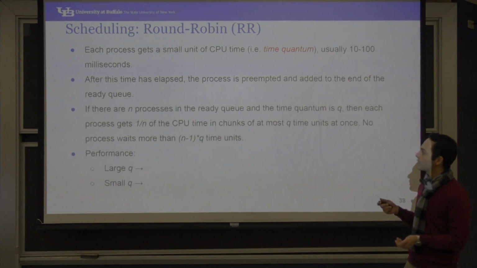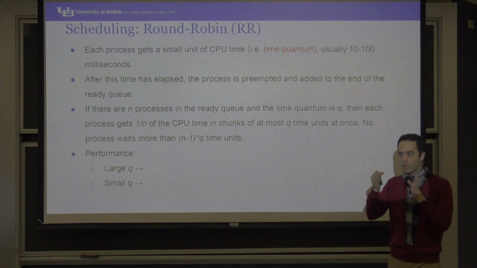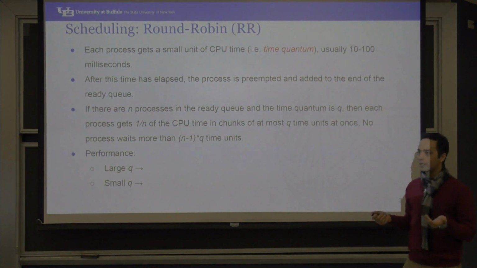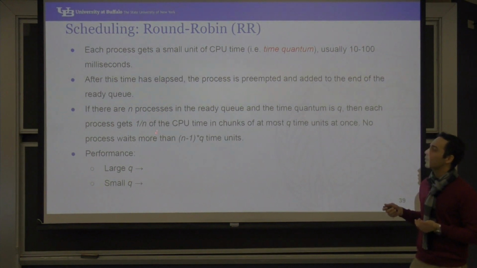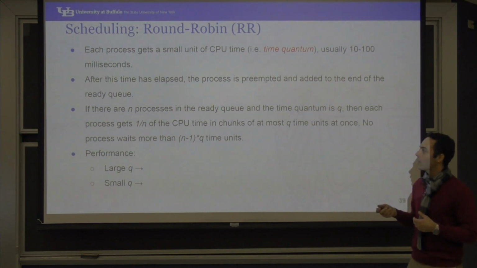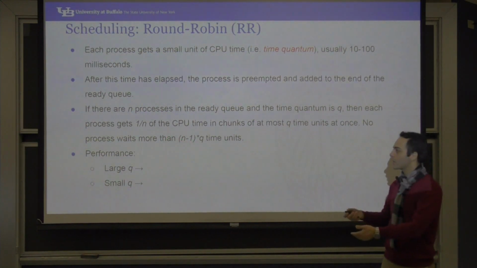So if you have n processes, each one takes a chunk of quantum time and then waits for the rest, right? Each of them technically will get basically an nth of the CPU time in chunks of quantum, and none of them will wait more than this time, because they're waiting after one another.